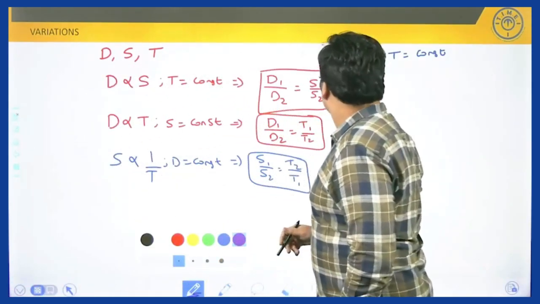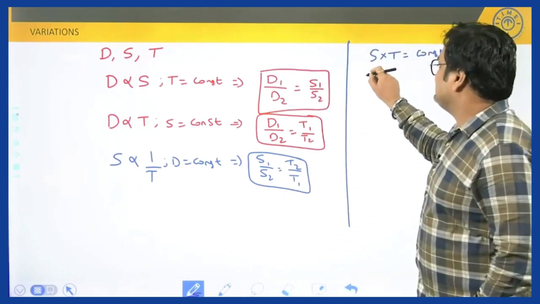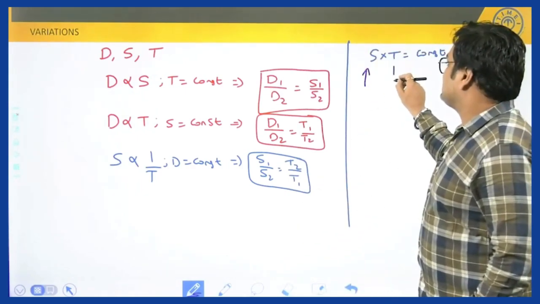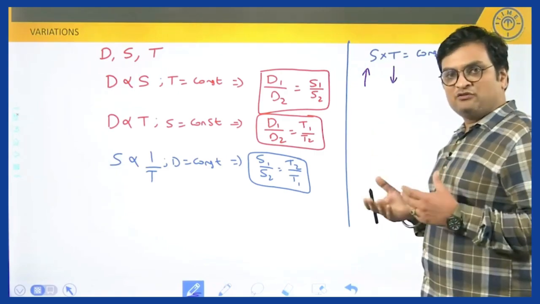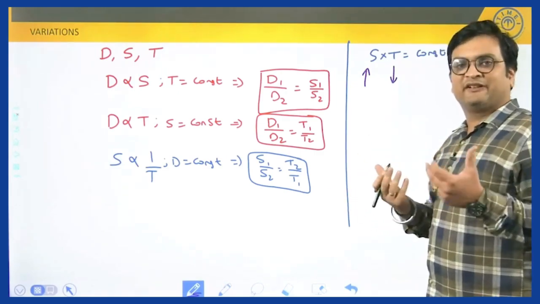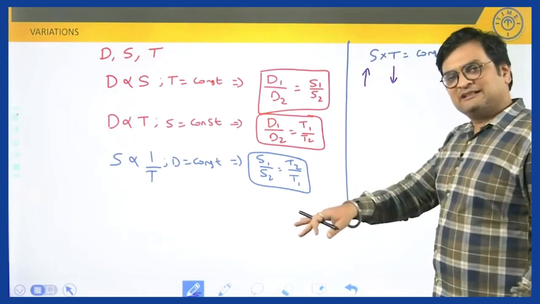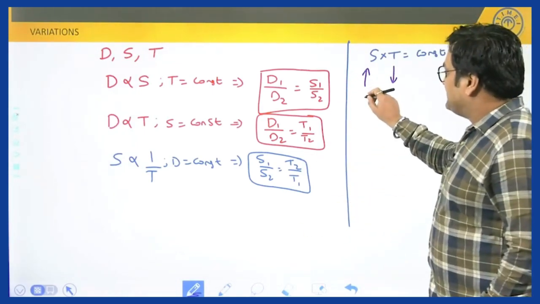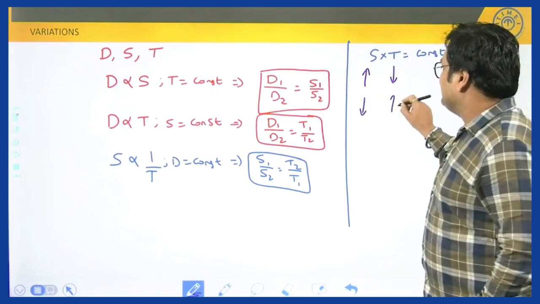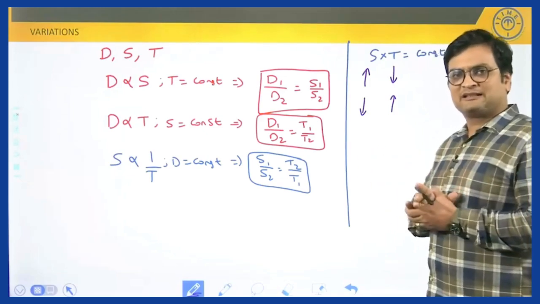For example, let us assume if S increases, in such a case, can I say T will decrease so as to counter the increased effect of speed. Speed increases, overall product will increase. In order to counter that, time will reduce. Or if speed decreases, the time will increase so that the product still remains the same.